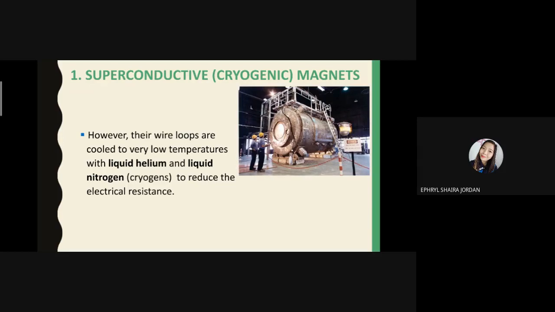Cryogens are used to reduce the electric resistance. The magnetic field generated by this cylinder of wires, as I discussed a while ago, runs in the direction along the long axis of the cylinder. So the magnet is generally very long in order to provide a uniform field large enough for imaging.